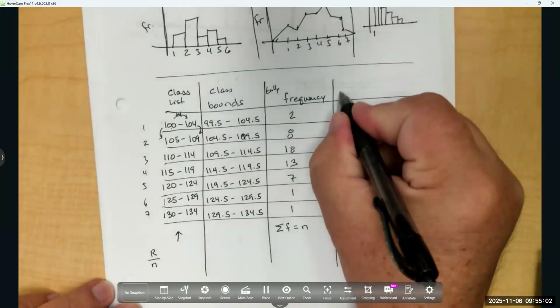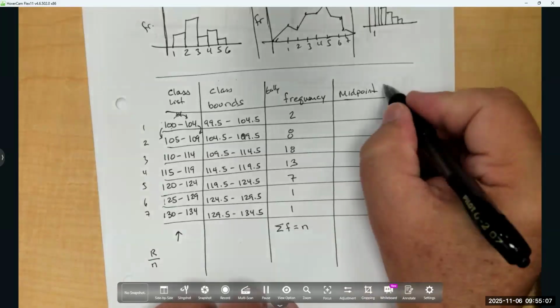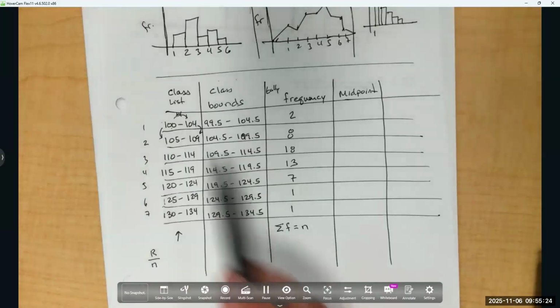Now we need to have the midpoint of each class, because that midpoint is going to represent that class for us. How do we find midpoints? Right. It's the average. Add the two numbers and divide by 2.